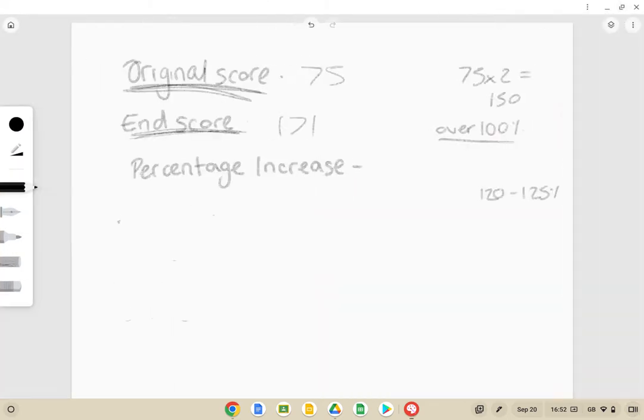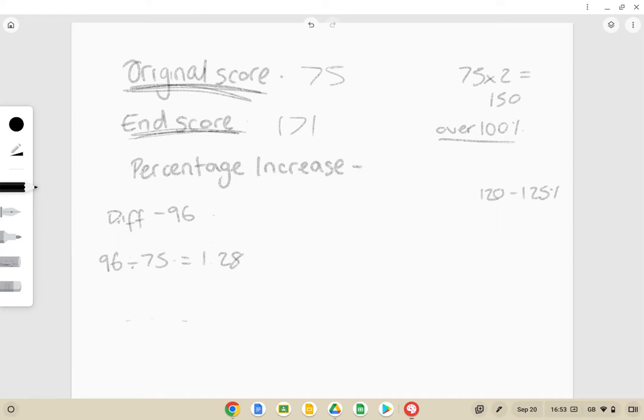So we need to work out what the difference is. If I take 171 minus 75, the difference is 96. So we take 96 and divide it by 75. 96 divided by 75 equals 1.28.